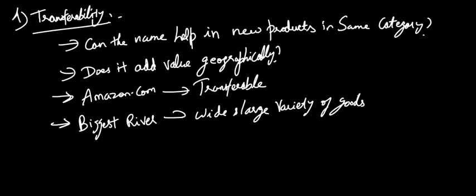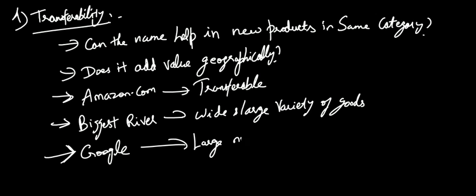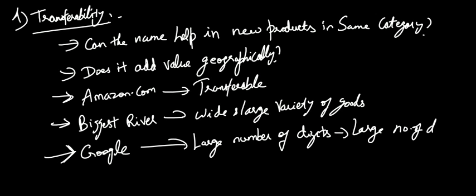One more example of transferability is Google. The term Google means a large number of digits, which gives the same meaning, a large number of data, as far as google.com is concerned. So this is transferability.